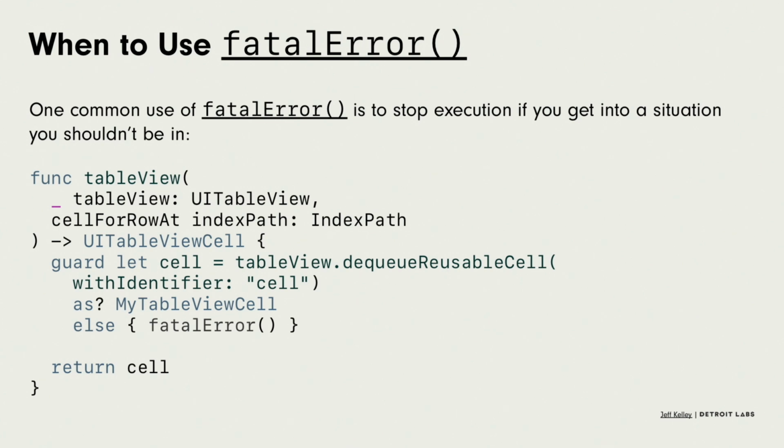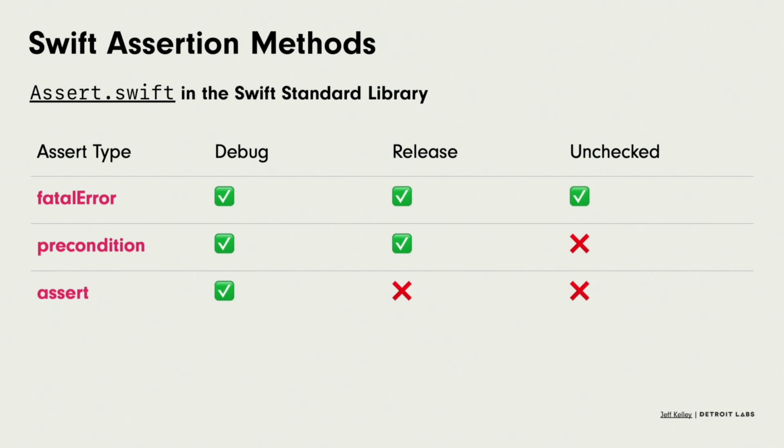But so here, if we don't have the right thing, we can use fatalError, because we don't know how to continue if we don't have the right kind of cell for our table view. So maybe that's what you want to do, maybe it's not. But the thing about fatalError is it's all or nothing, it's going to crash. But there are a bunch of assertion methods. Well, there's three. There's fatalError, there's precondition, and there's assert.